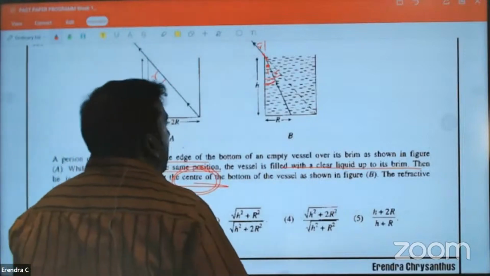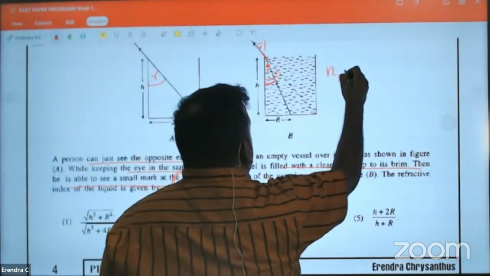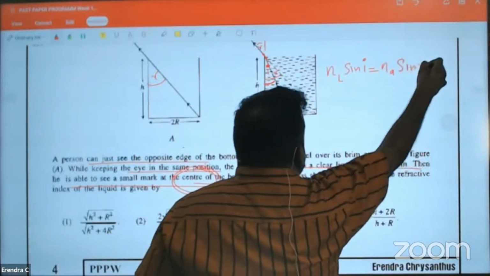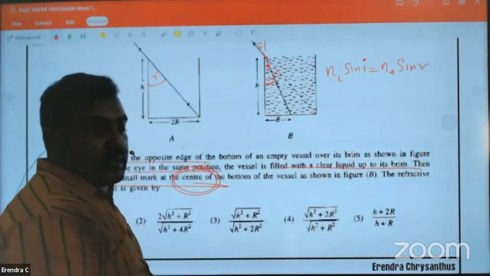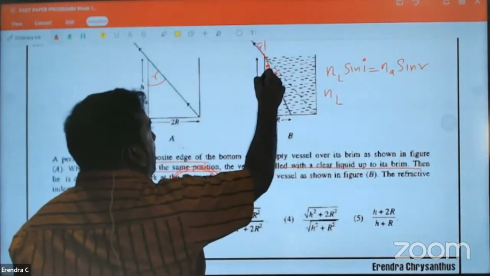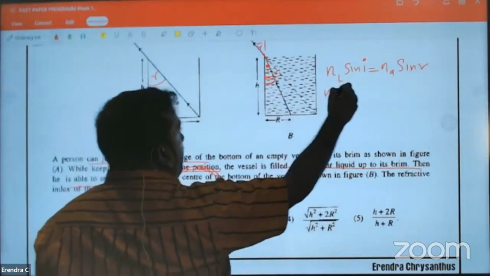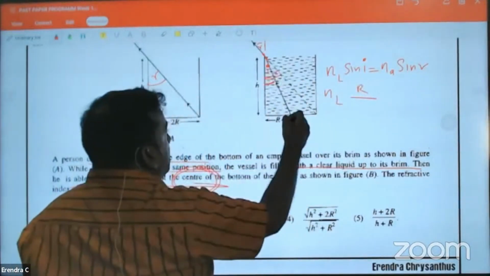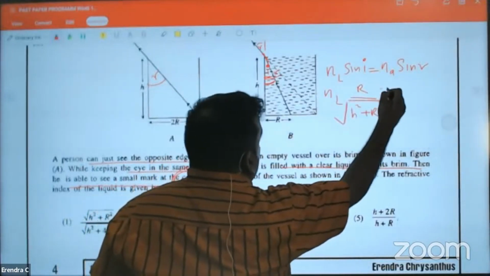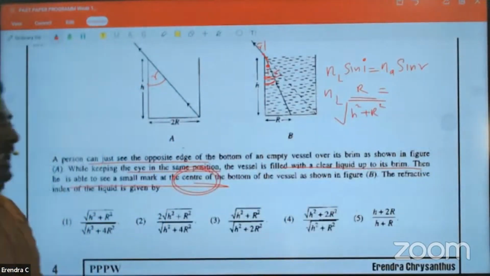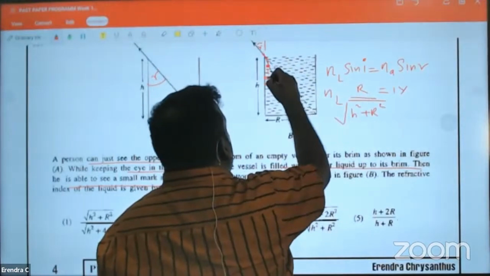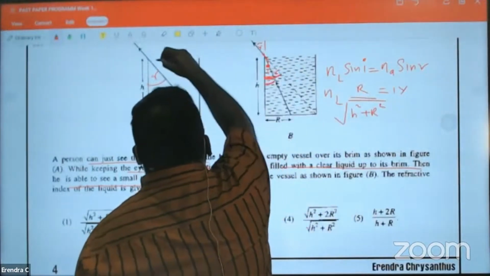Look at this carefully. Light rays are going from the liquid. N liquid sin I equals N air sin R. Look at the board carefully. What is sin I? Sin I is equal to the small angle opposite over hypotenuse, R divided by the hypotenuse of this triangle, square root of h squared plus R squared. N air is air, sin R is this whole vertical thing, opposite over hypotenuse.